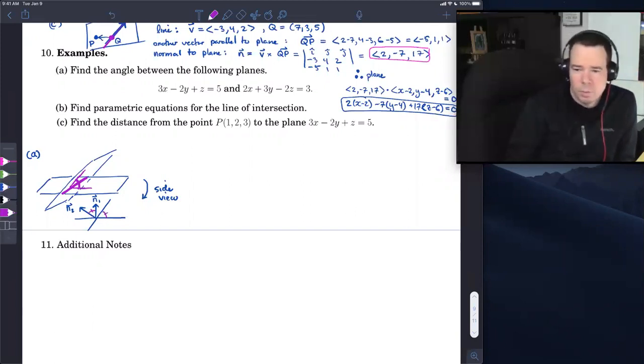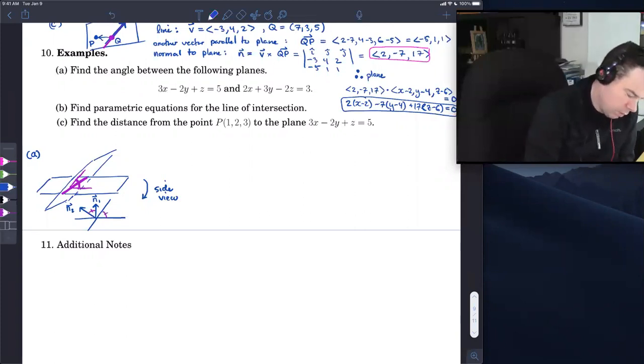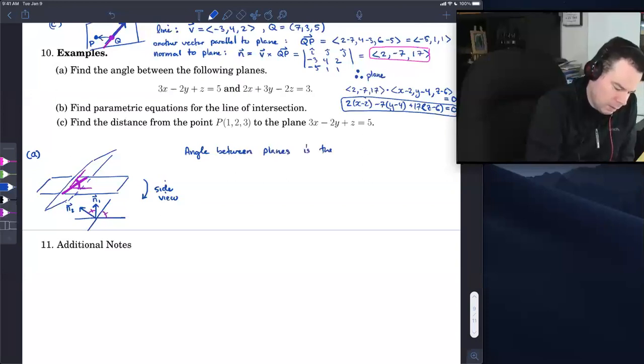There was just a rotation by 90 degrees, but the angle is still the same. So we're going to look for the angle between the two normals. The angle between planes is the angle between the normals.